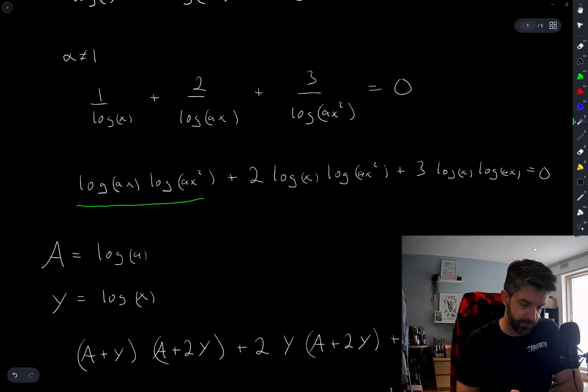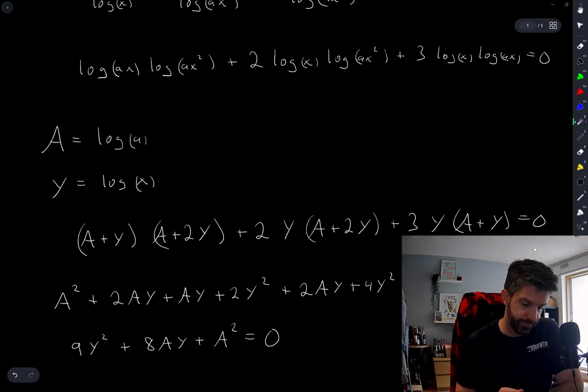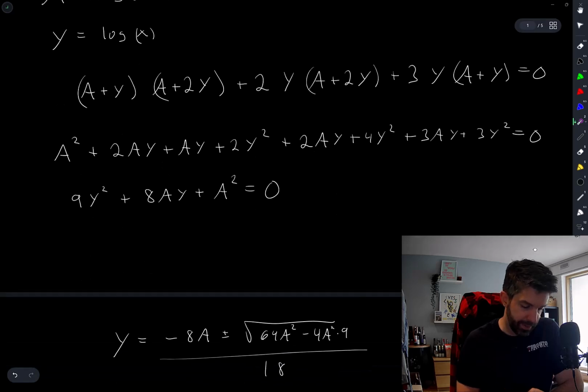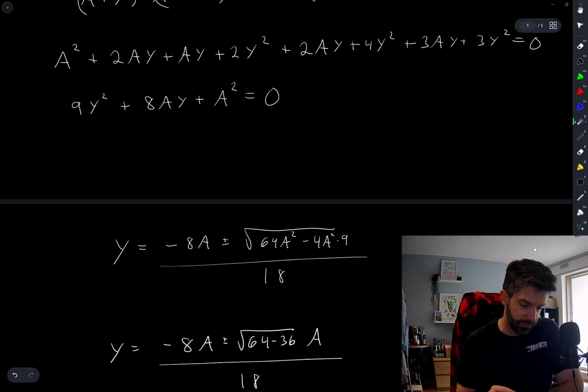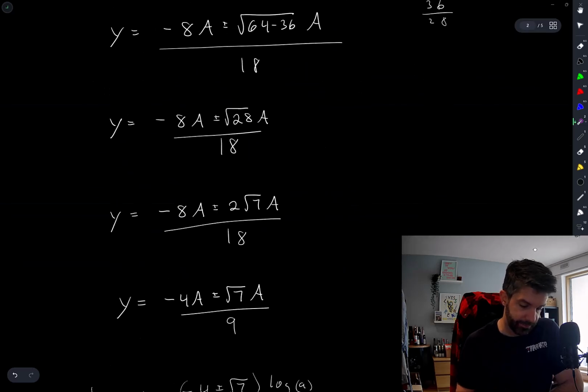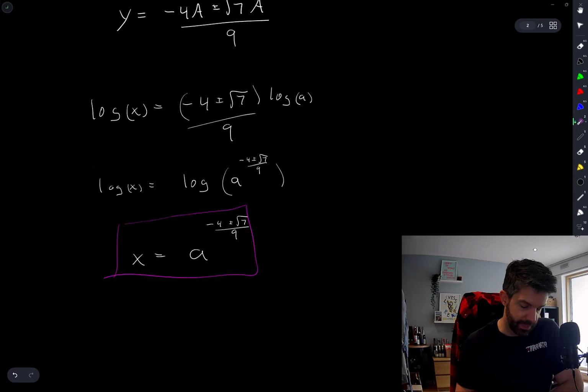So log ax plus log ax squared, 2 log x squared, and 3 log x ax, right? That's log a plus log x, log a plus 2 log x, and so on. Hope I didn't make any arithmetic mistakes in expanding this and solving for the quadratic. But yeah, this is what I get.